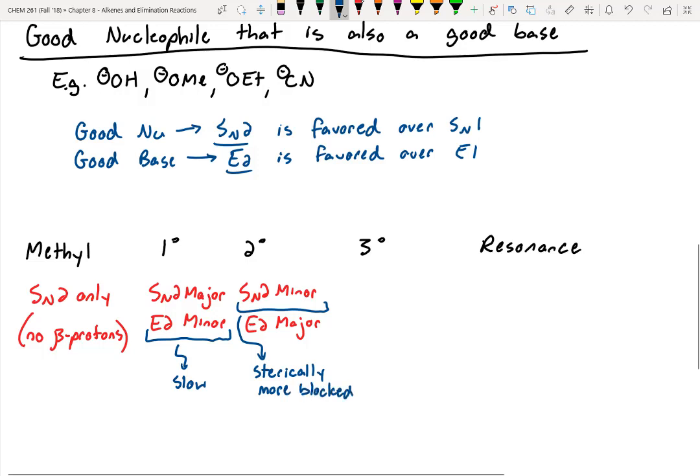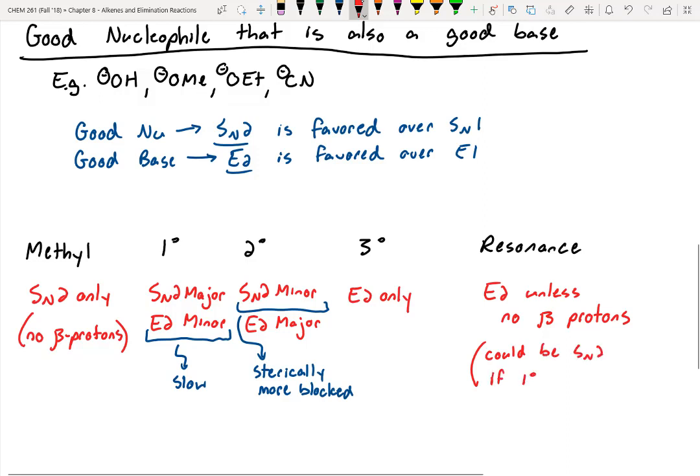All right, now let's think about tertiary carbons. Tertiary carbons, what do you think will happen with that? E2 only. All right, and then with resonance, what do you think could occur here? And I am going to put the disclaimer, it could be SN2 if primary.